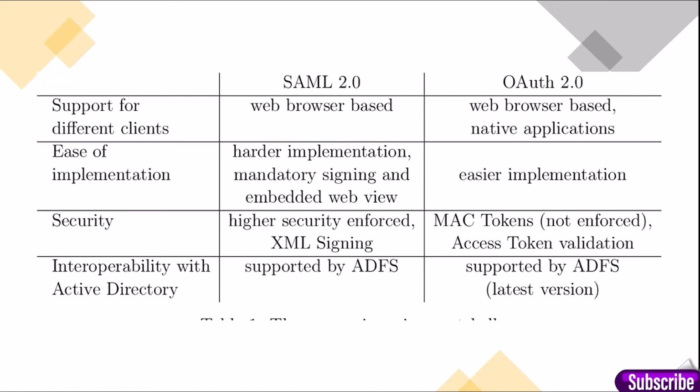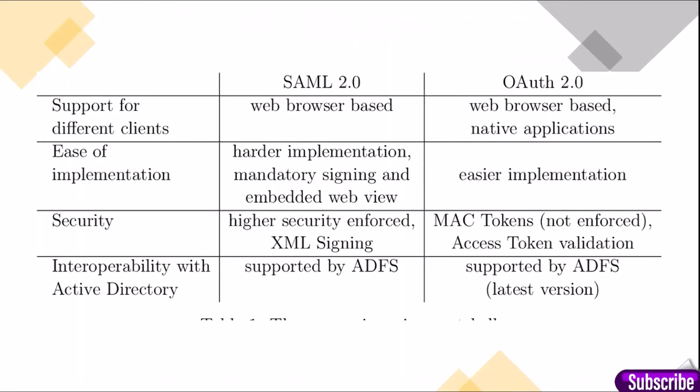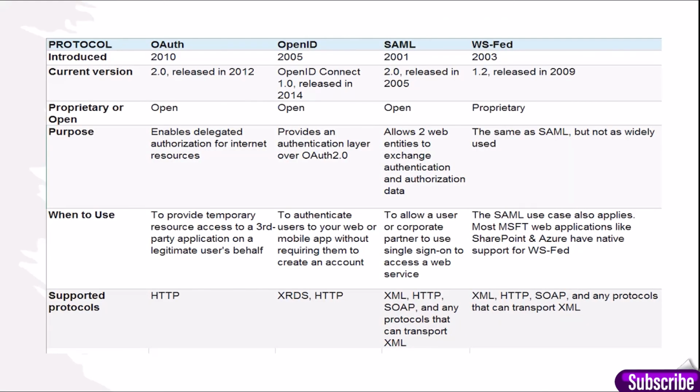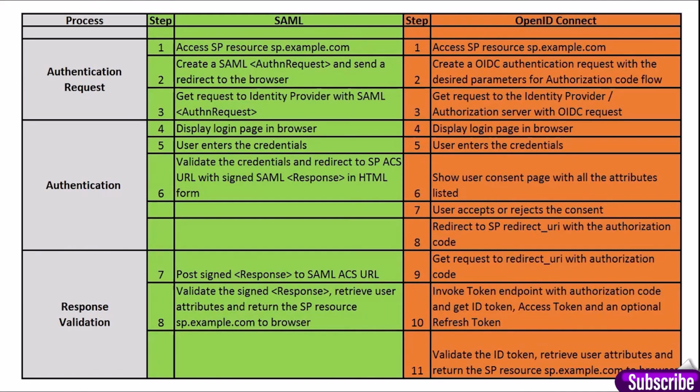Now, in terms of security, SAML has higher security enforced with XML signing. OAuth uses MAC tokens and access token validations. Now, interoperability with Active Directory is supported by SAML 2.0, which is ADFS. If you need more time, just pause the video to go through each item in these tables.